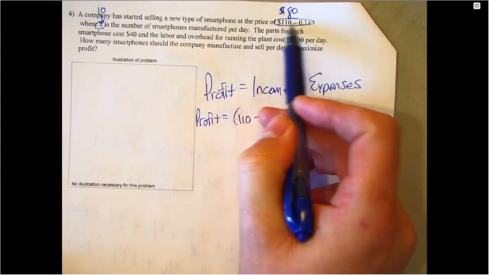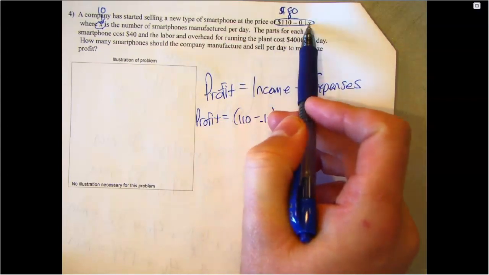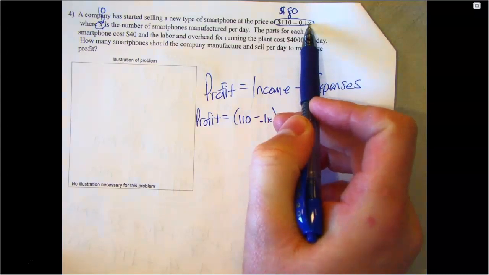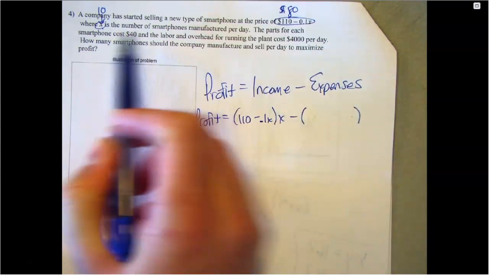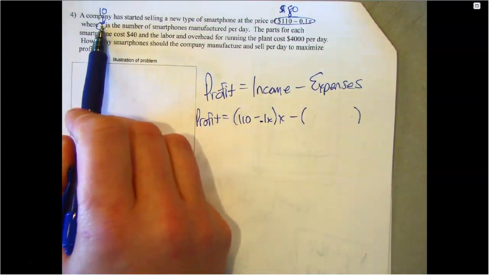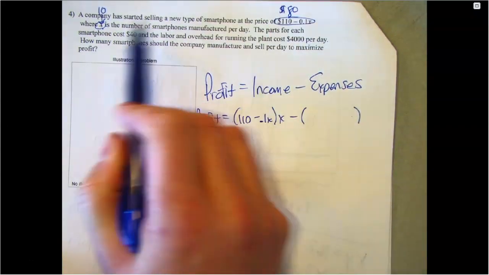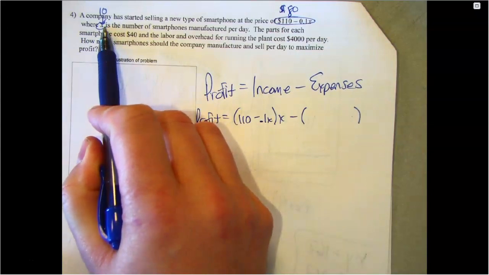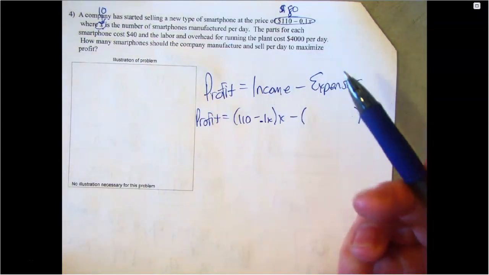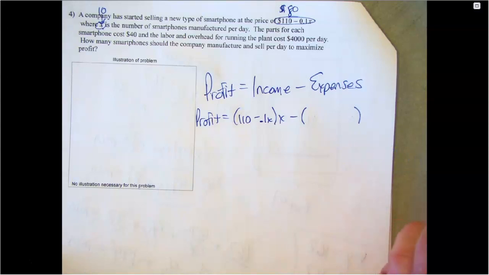This is the price of the smartphone. So the price depends on how many they make, like a supply and demand type thing. And then this is how many we sold. So it's just the price times how many we sold. I get that it's a little weird. It's like an X and an X. Does that help? Okay.